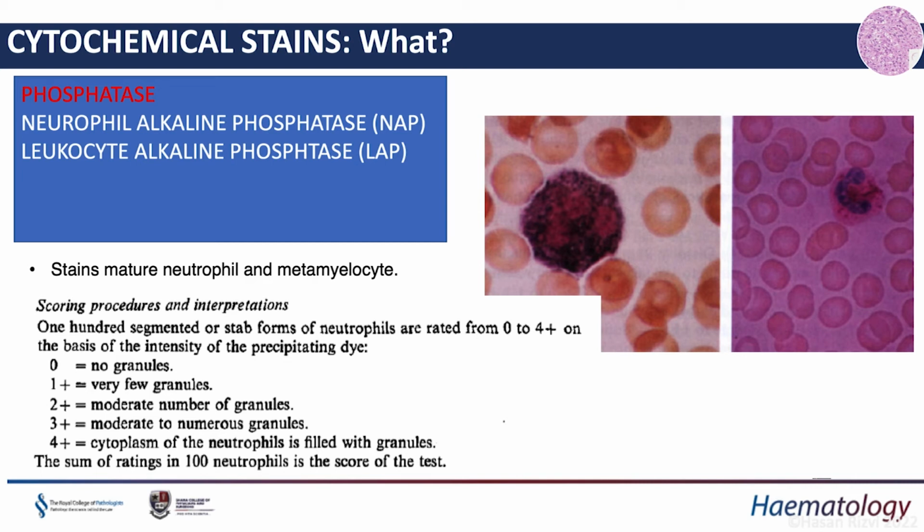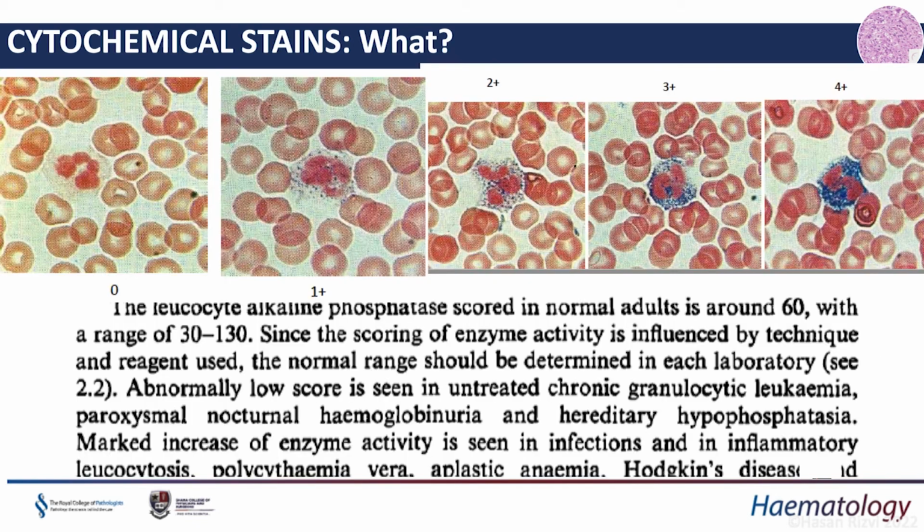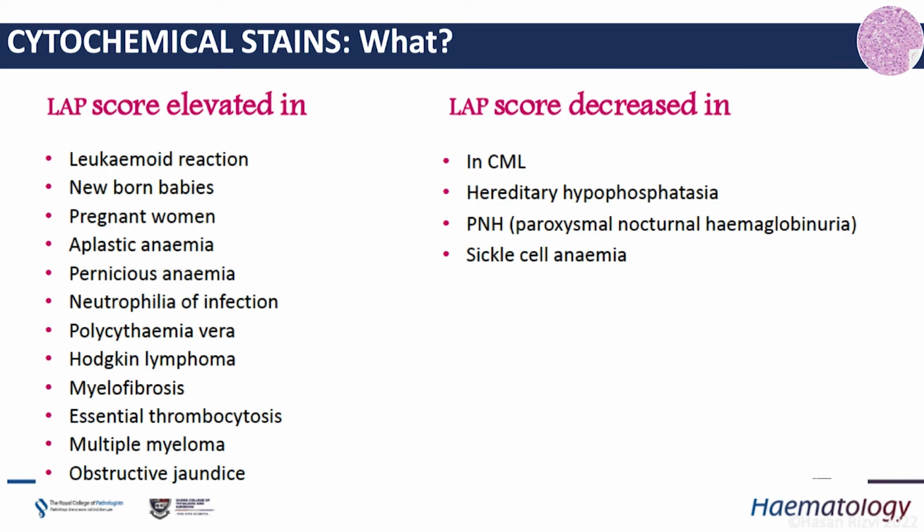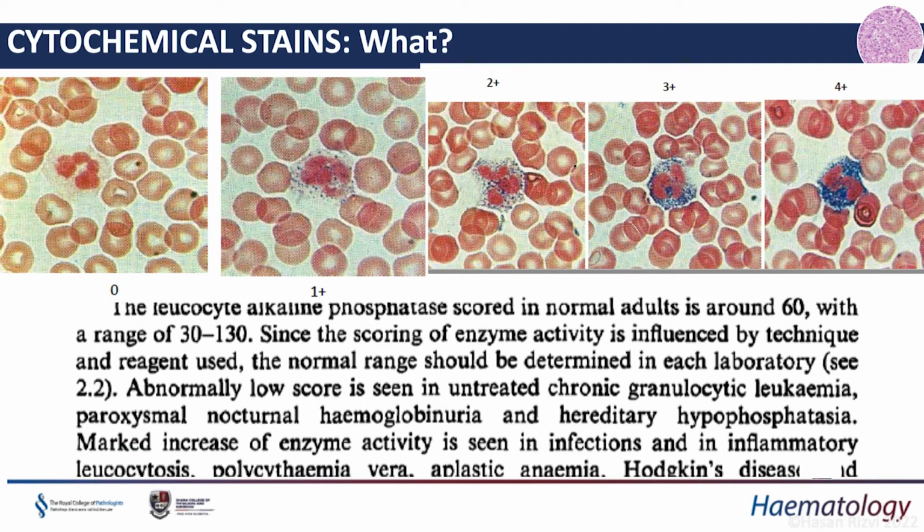And the scoring procedures and interpretation range from a score of 0 to 4 depending on the intensity of the staining. And you count 100 neutrophils and sum the scoring up. The scoring obviously then ranges from about 30 to 130 based on the intensity. And the intensity then describes what the condition could be.